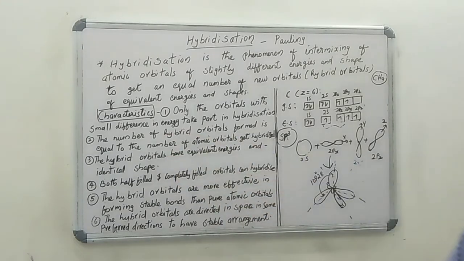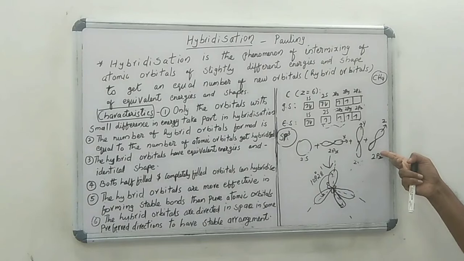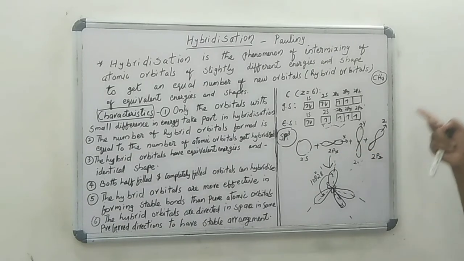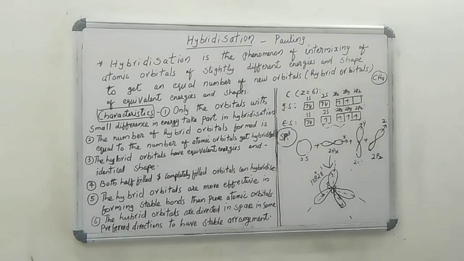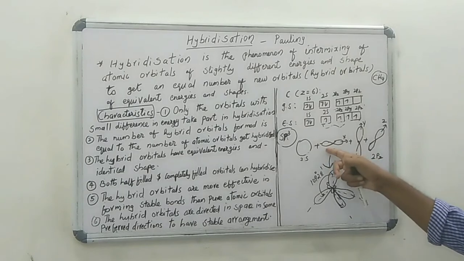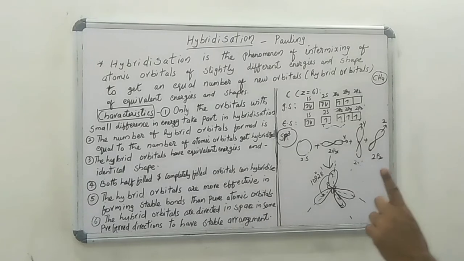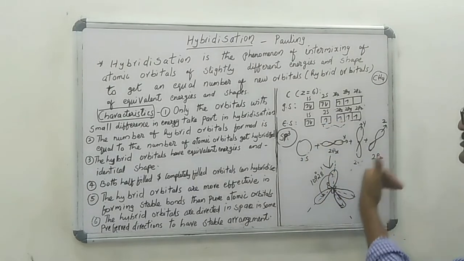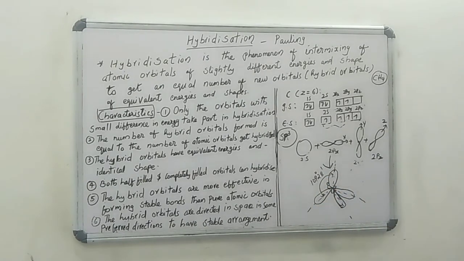And the third characteristic: the hybrid orbitals have equivalent energies and identical shape. We know the atomic orbitals involved in hybridization differ in their energy and shape. That means atomic orbitals with small difference in energy and shape take part in hybridization. But after the intermixing, after the hybridization, the hybrid orbitals formed have equivalent energies and identical shape.